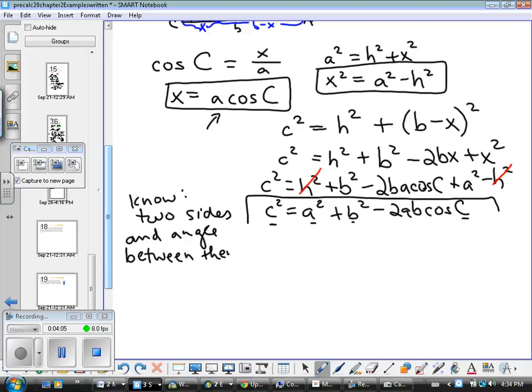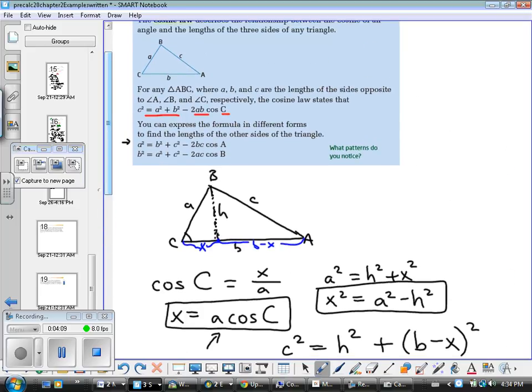You can also rearrange it with A squared and B squared. Just notice that whatever side you have on the left, the angle you know is opposite it.